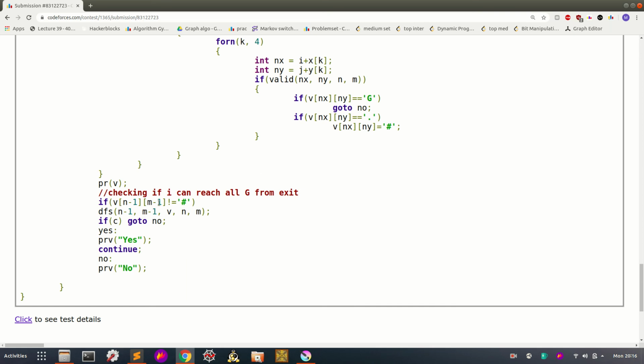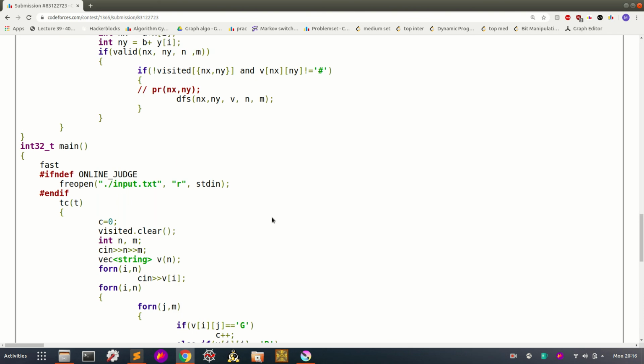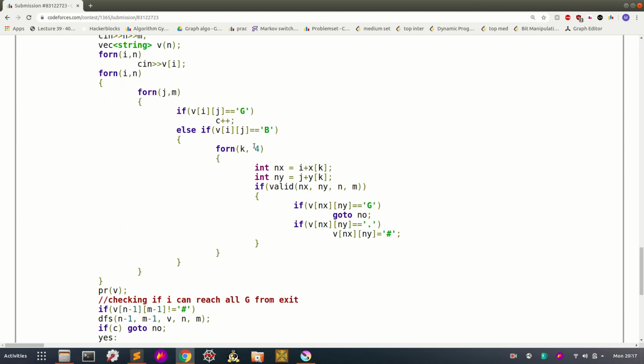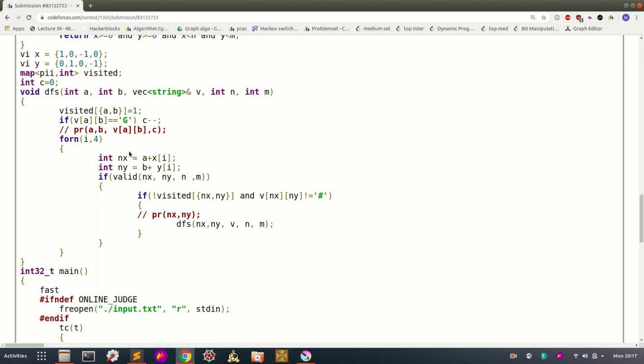If there is a pound symbol at the exit, then we are not going to do anything, and if there is no pound symbol, we are going to do a DFS, depth first search. In this depth first search, I'm going to visit all the nodes neighboring to this, and calculate how many G's have been reached. The c variable in which I stored the number of G's, I'm going to decrement it.